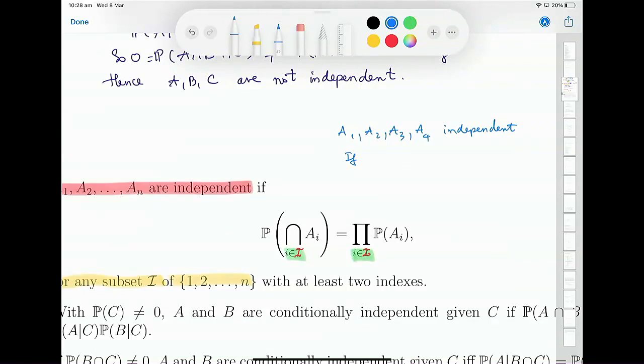We have A1, A2 independent, any pair of 2, so the probability of the intersection equals the probability of A1 times the probability of A2. And the same for A1, A3, A1, A4, A2, A3, A2, A4, up to A3, A4 independent.